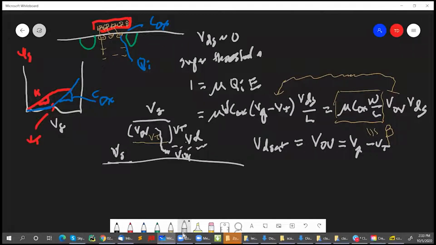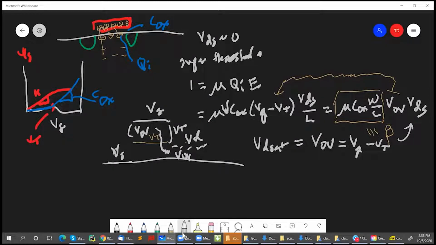And so now you can get the saturation current above threshold. This is like the simplest approximation by just substituting this VDS, where the current saturates, into this equation. So if you take this saturation overdrive drain source voltage and substitute it in here, what do you get?